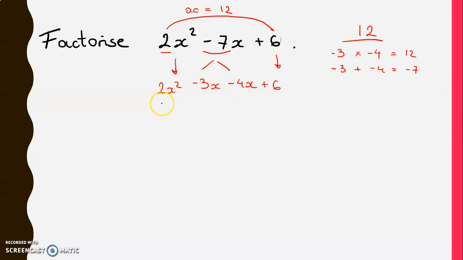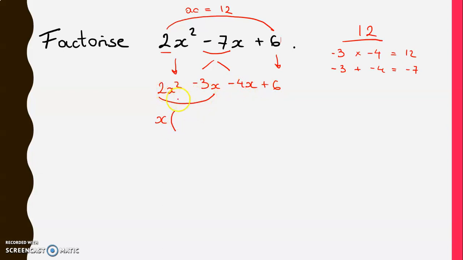The next step is to observe the first two terms. If you look closely at 2x squared minus 3x, you can see that there is a common factor, and that is x. Just ignore the rest of the terms for now.